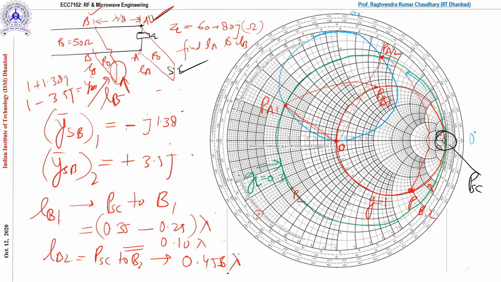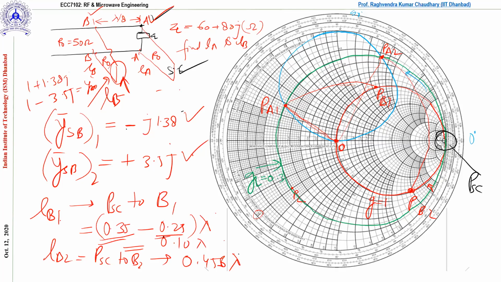Now, I actually skipped some of the points here. Corresponding to these admittances, you need to precisely find the points on the concerned scale, where you're moving towards the generator or towards the load.